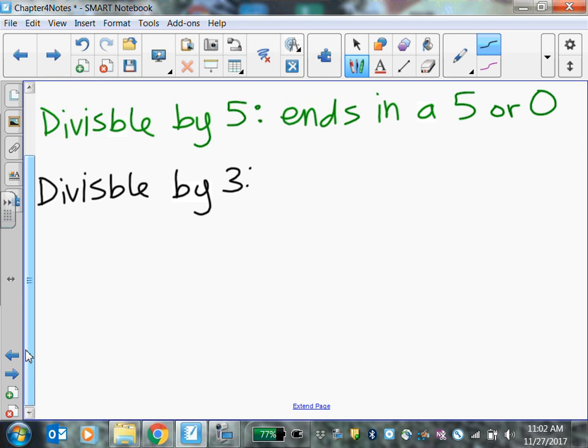There are a few steps to figure out if something is divisible by 3. First, add all the digits. If it's 127, you're going to add 1, 2, and 7. You're going to add up all the digits of the number.